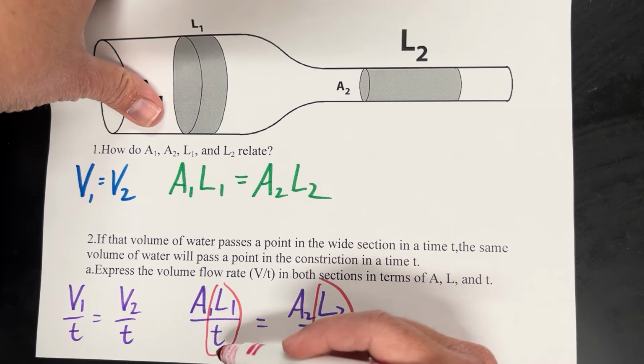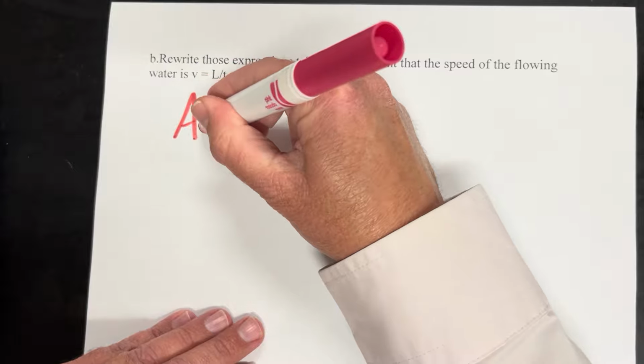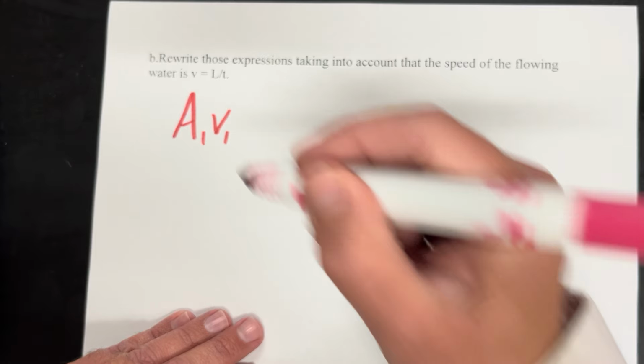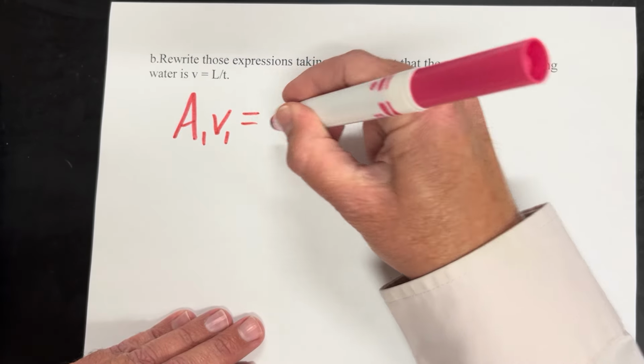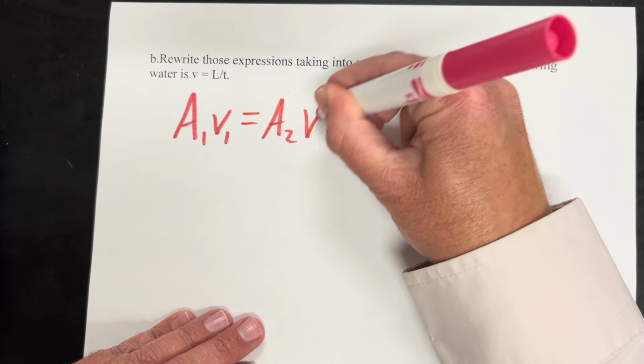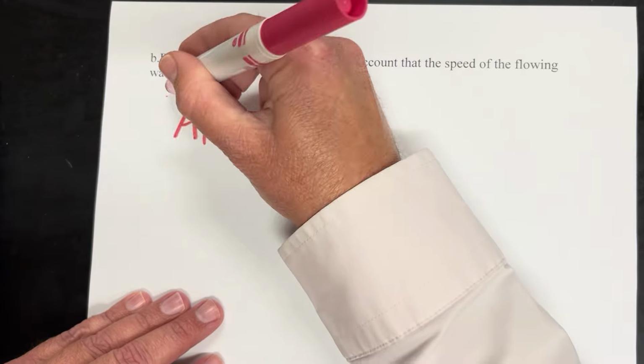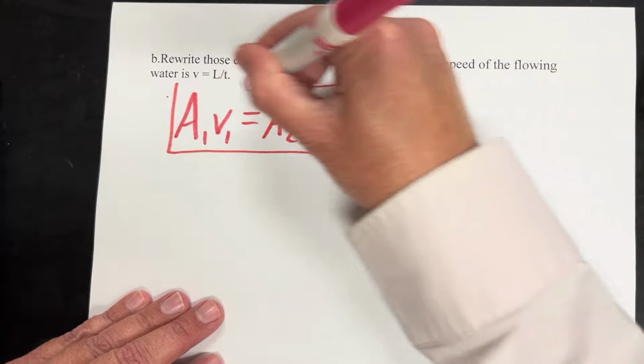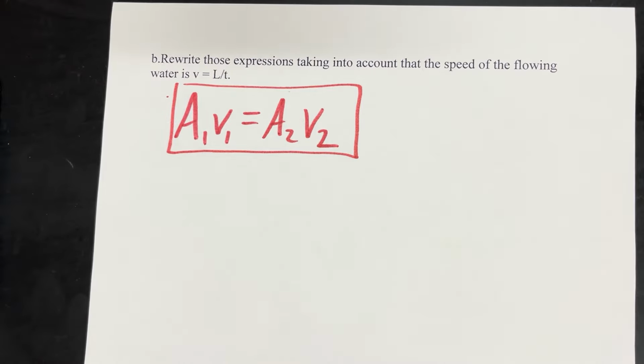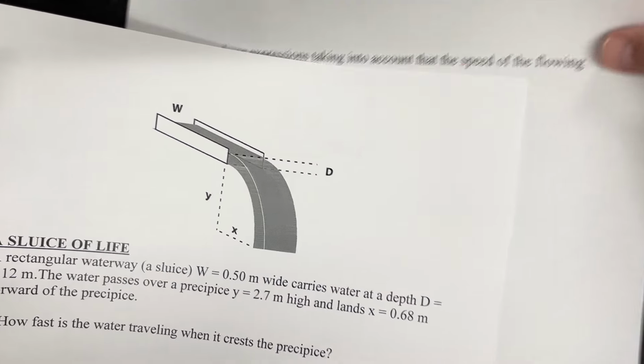Length 1 over time, let's call that velocity 1. And so when we rewrite this, we get A1 times v1, that's a small v for velocity, has got to equal A2 times v2. This equation right here is known as the continuity equation, and is basically saying that there's a constant volume flow rate everywhere in the pipe.